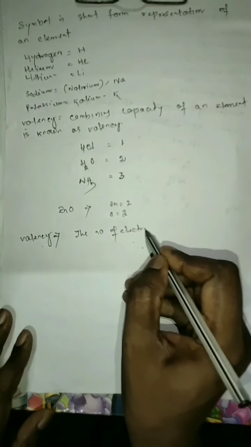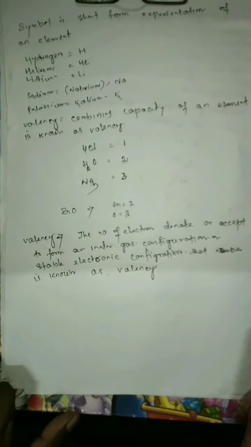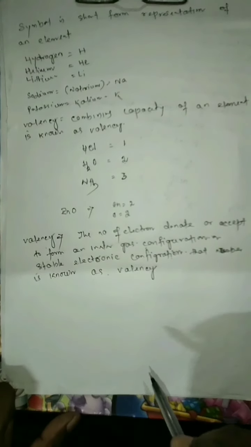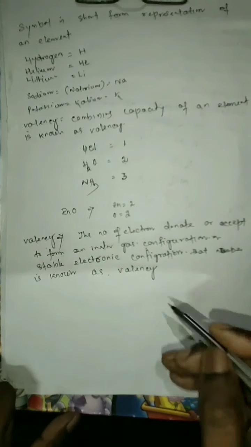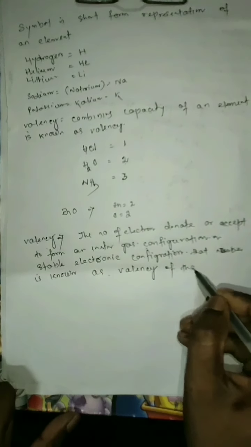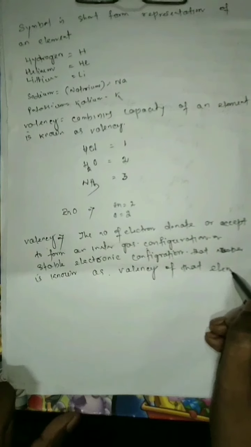So here the combining capacity of an element is known as valency. The number of electrons donated or accepted to form an inert gas configuration or stable electronic configuration, that number is known as the valency of that element.